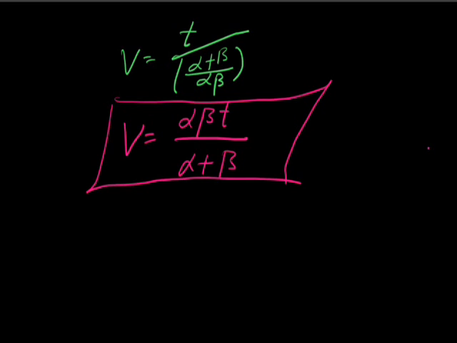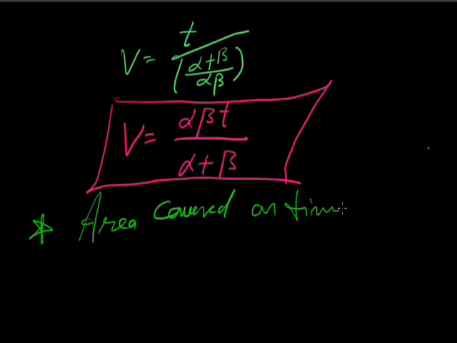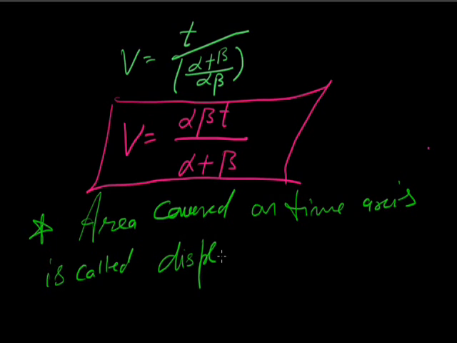Now come to the second part. The second part can be calculated either by the integration method or by the area. We know that the area covered by the v-t curve on the time axis is called displacement.